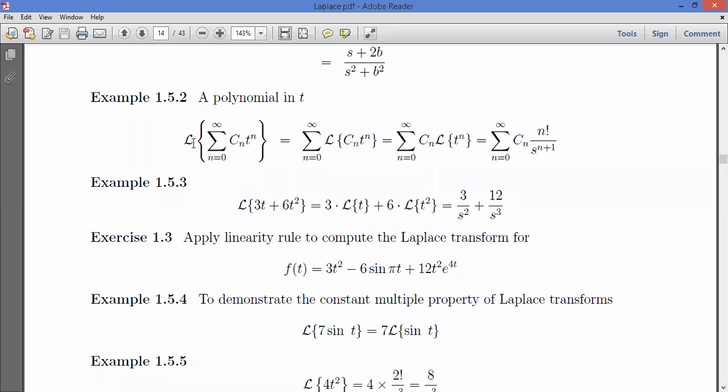Just look at the notation for L, it can go inside the series. So that is L of that. And if that is the case, then you can take the c_n out, since you are going to look for the Laplace of t to the n. Guys, be mindful of the notation in this example here. I'm hoping you are following me.